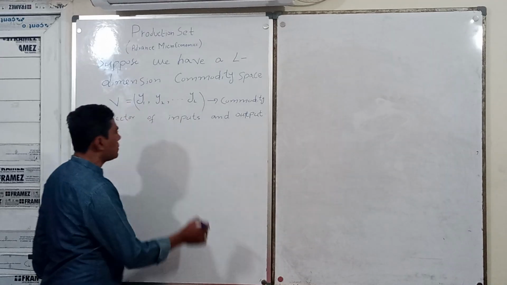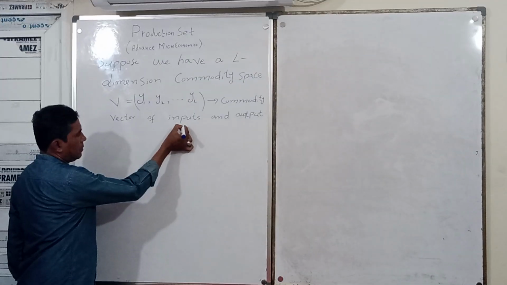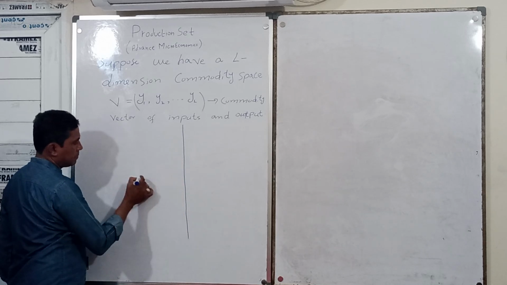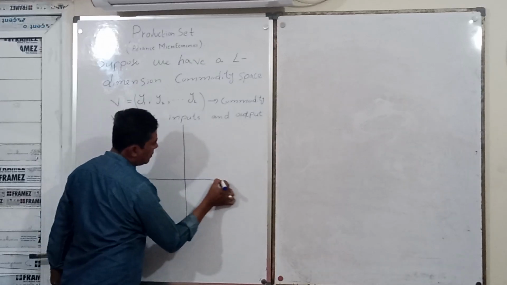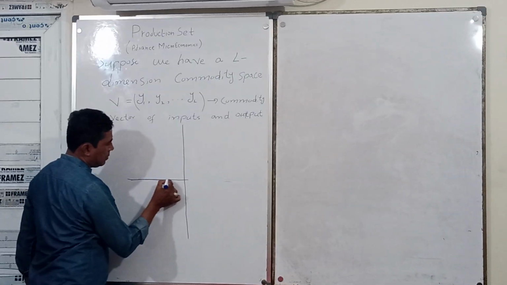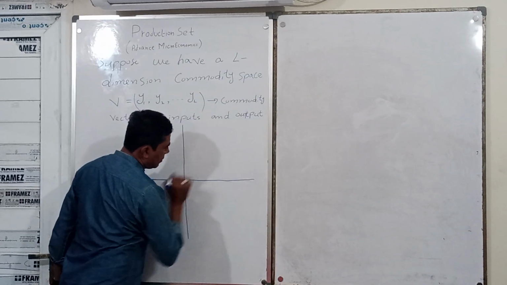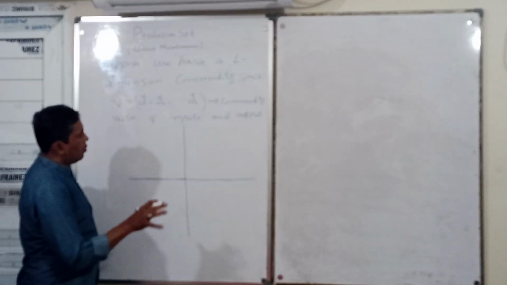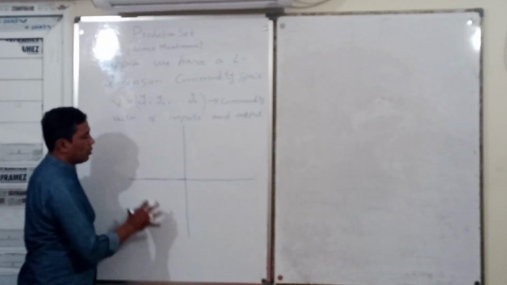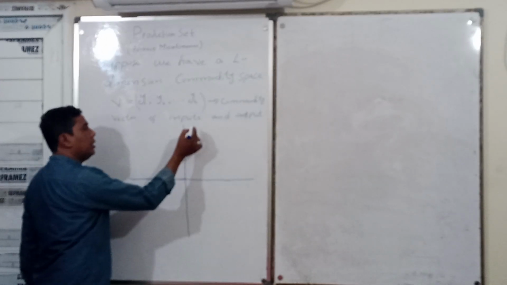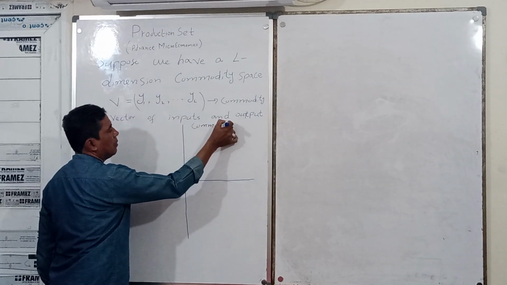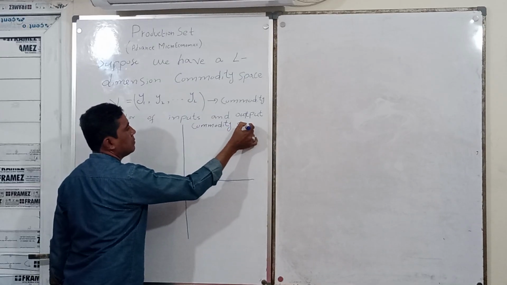First of all, we consider this a four-dimensional space, or four quadrants of space, and we name it commodity space.